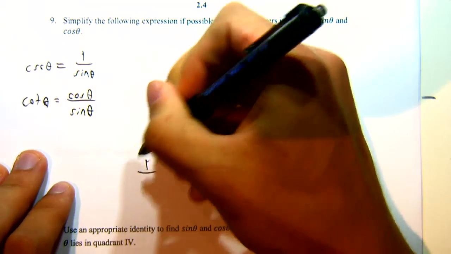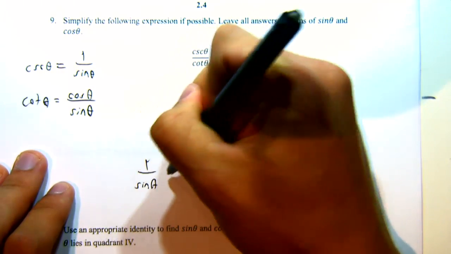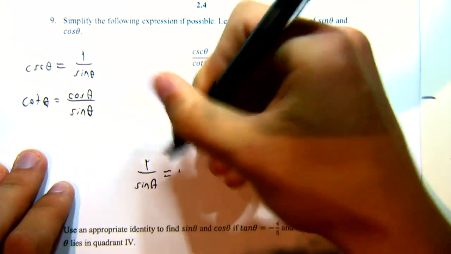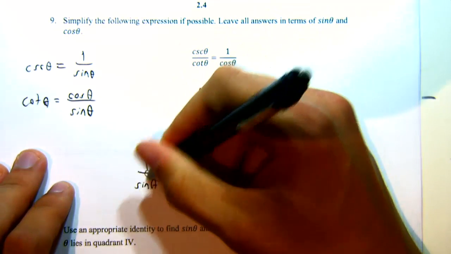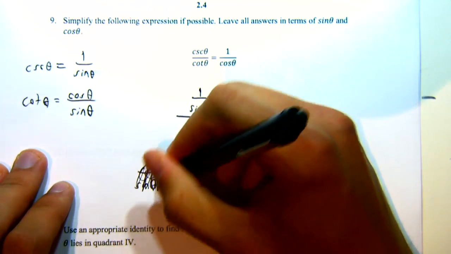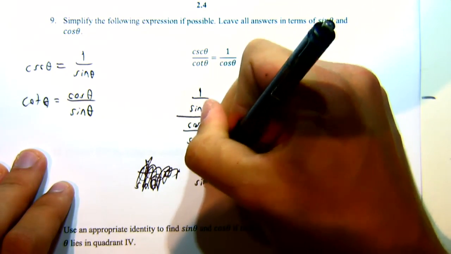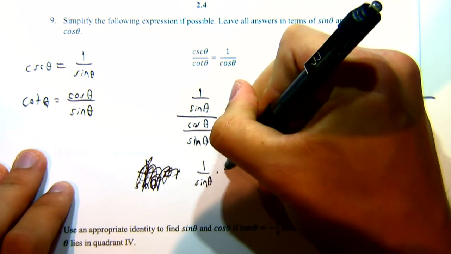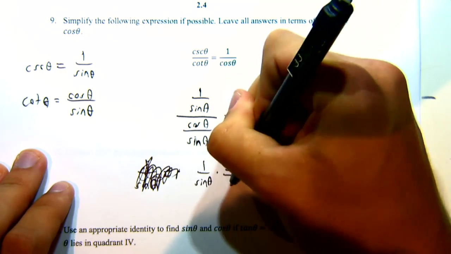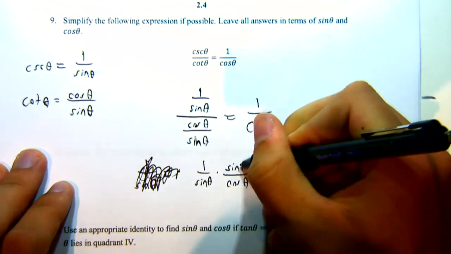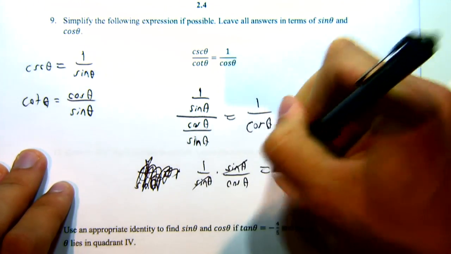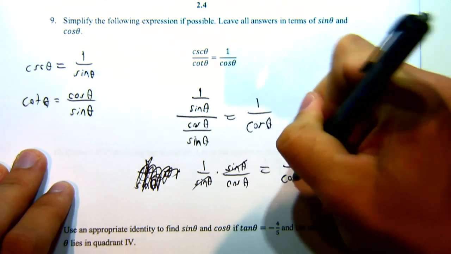So we do 1 over sine theta times sine theta over cosine theta. Whoops, sorry about that, I put an equal sign there by accident. So these will cancel, and we get 1 over cosine theta.